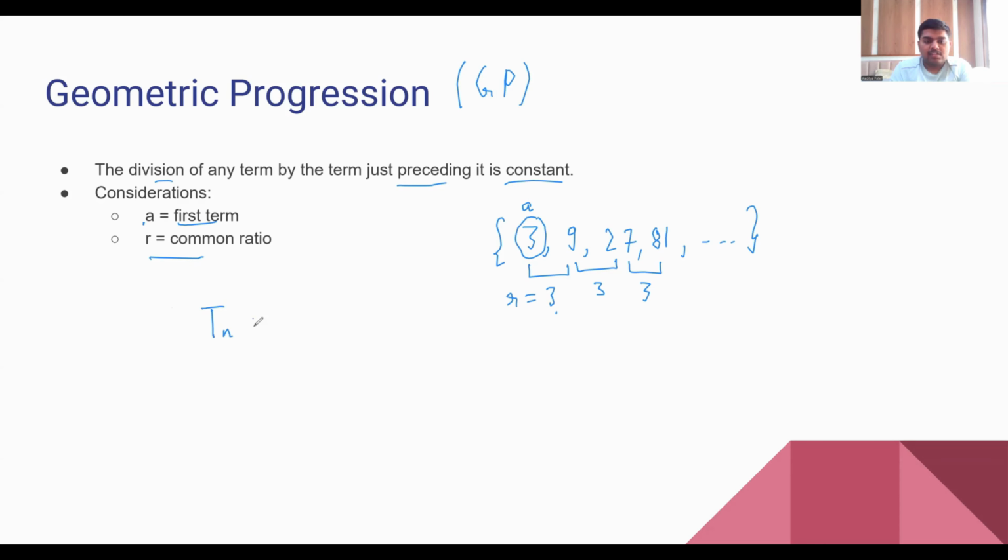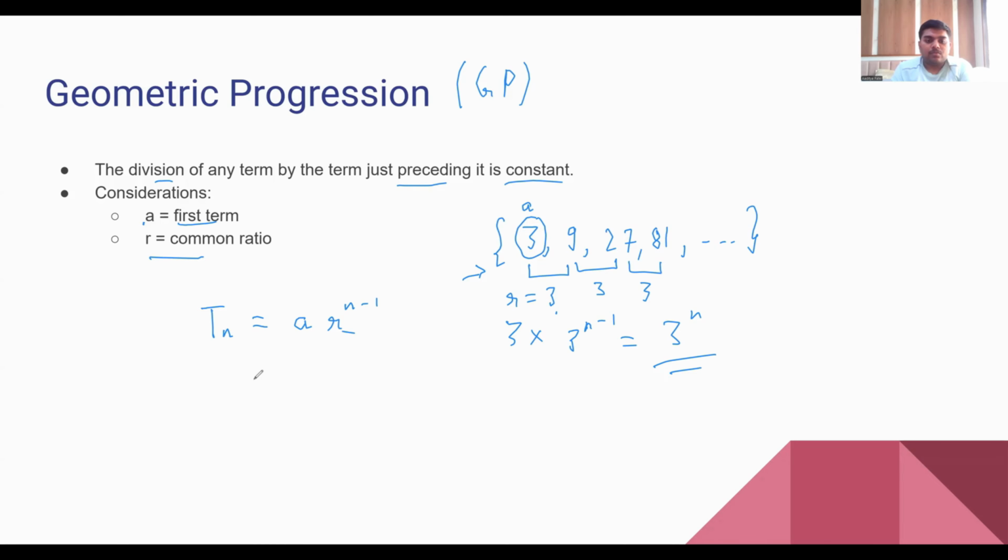Tn is equal to A into R to the power n minus 1. So see, if you cross verify with this particular example, it will be 3 into 3 to the power n minus 1, which is 3 to the power n. And this is what we had seen a few minutes back, correct? So Tn is a r to the power n minus 1.